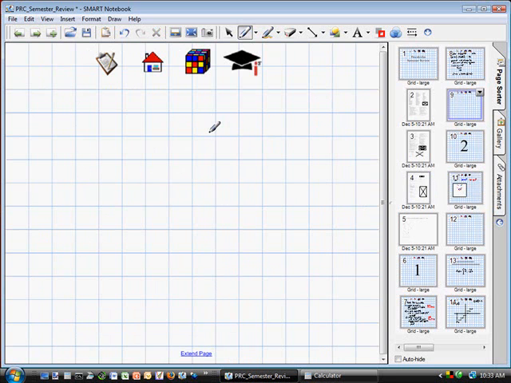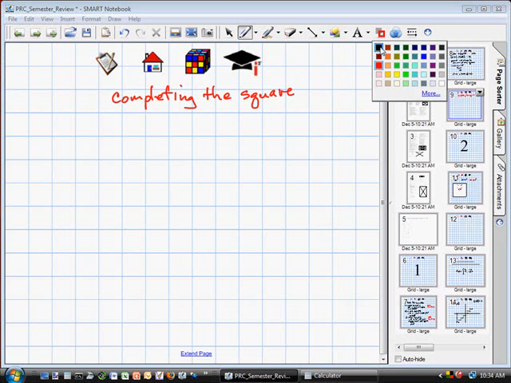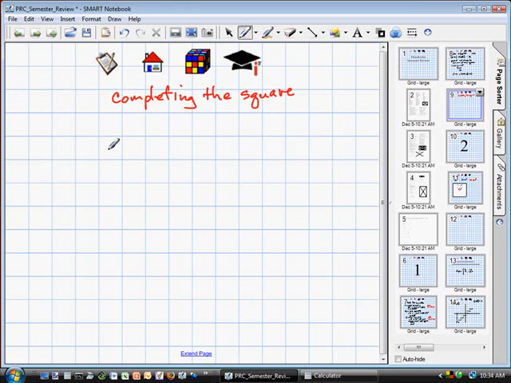Okay, completing the square. So, complete the square.